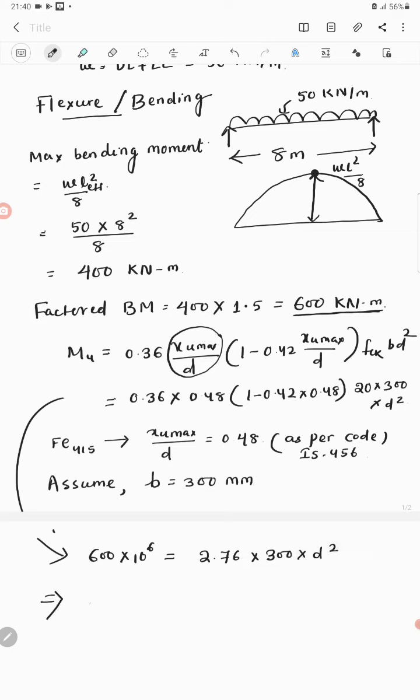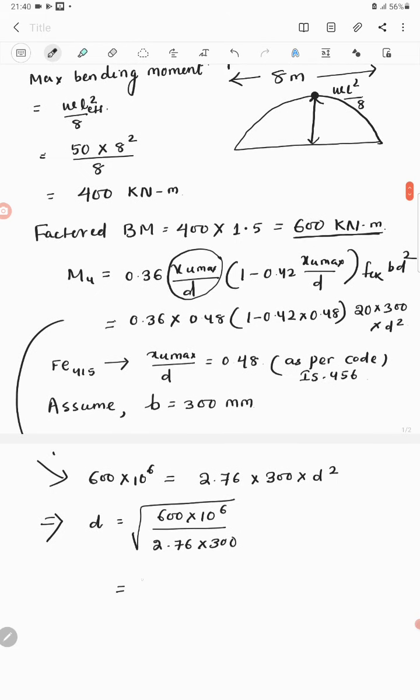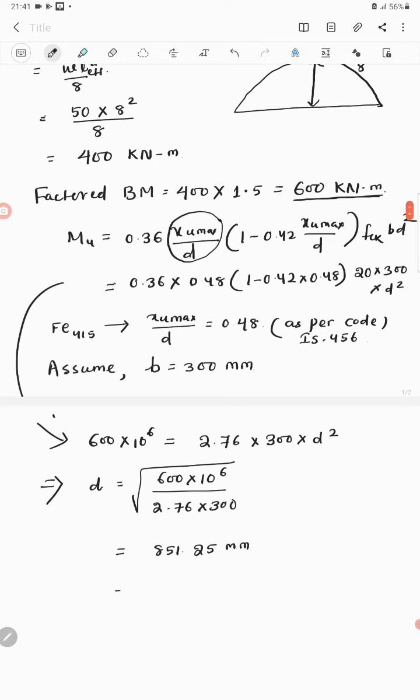Okay, so let's find out d. So if we calculate, it will be around 851.25 mm. Okay, so let's take 852 mm.